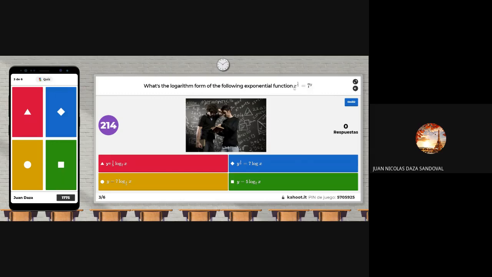After that, the log will be in base 7, and the ones that have that are the red and the green. The 1/5 will be on the x, and the only one that has the 1/5 between the red one and the green one is the red, so the correct answer will be red.